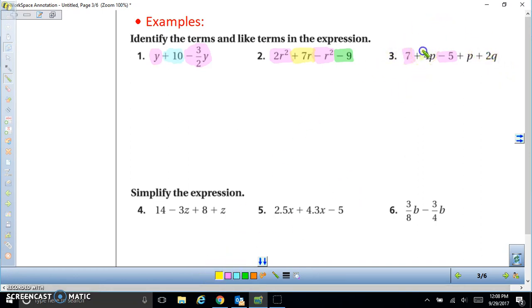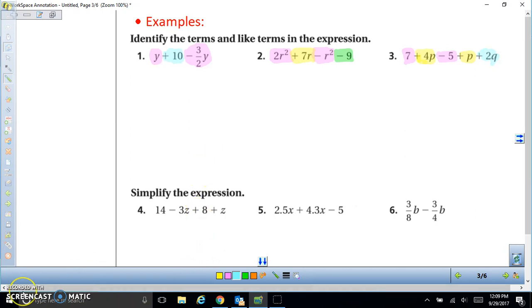Now I'm going to go through and look for anything that has a positive p. That would be a like term with positive p. Okay, p all by itself has the same variable, same exponent, so those are like terms. And now we're going to look at q, and q is all by itself. There's nothing else that has a q. All right. That's how we identify like terms.